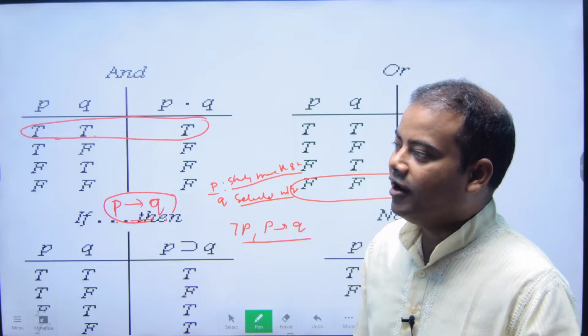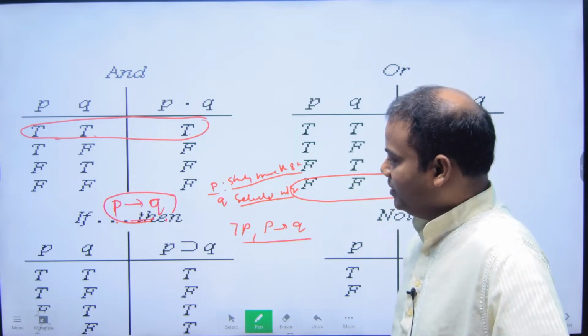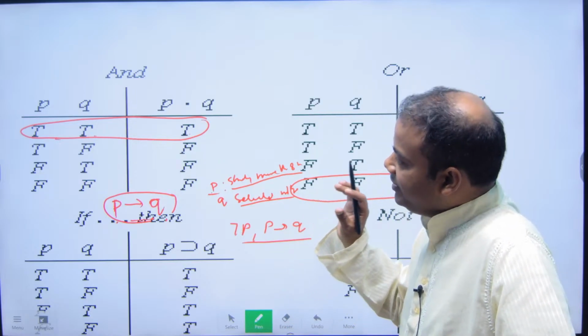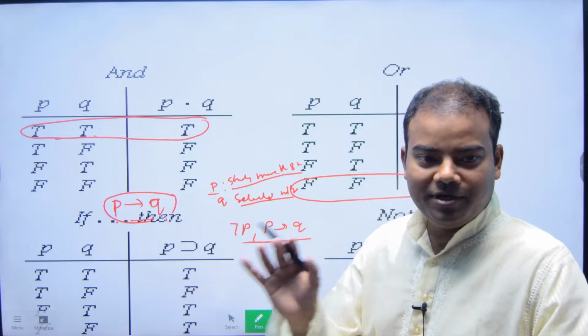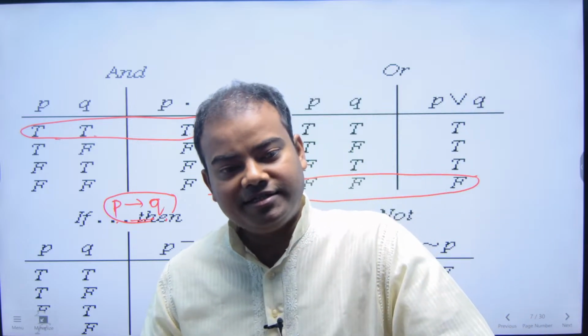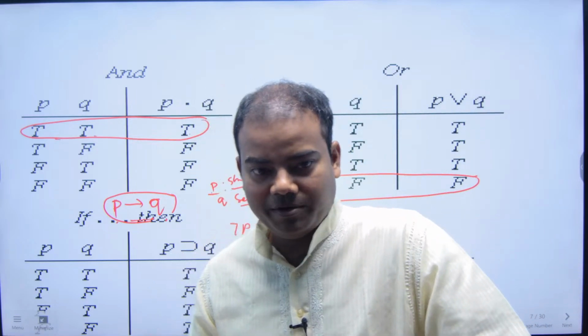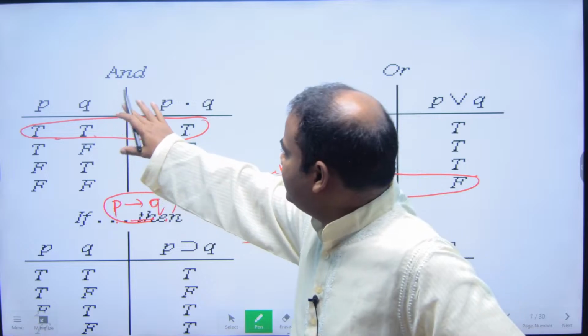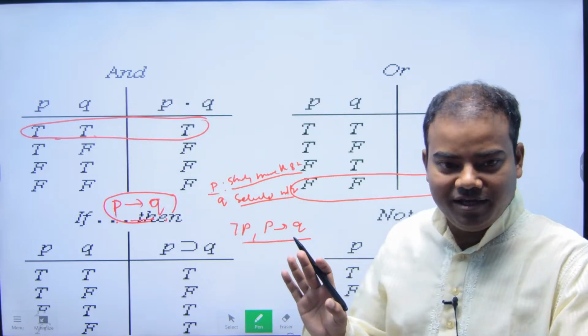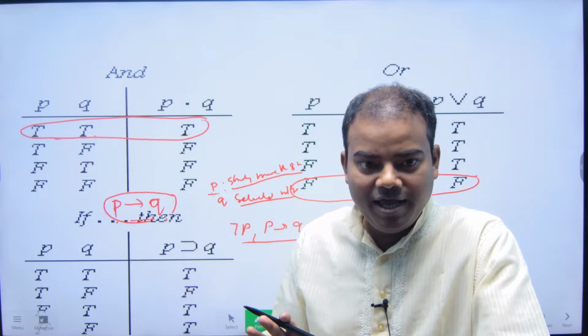Okay. Now this thing is very tricky, and very repeatedly in exams it is asked. Okay, and, or and not are very easy to understand. Here it is tricky.